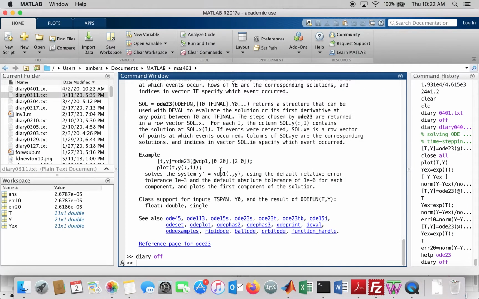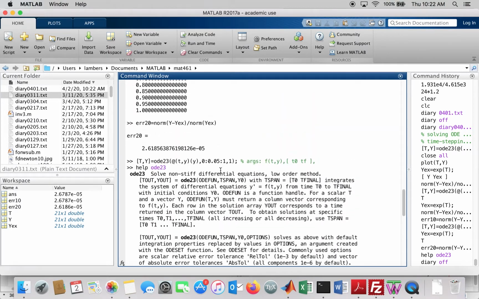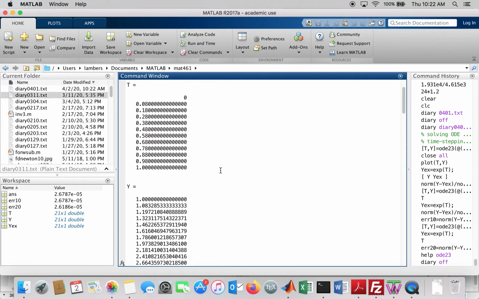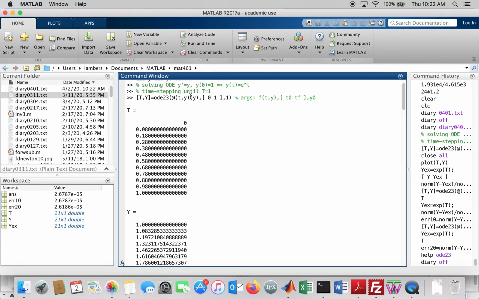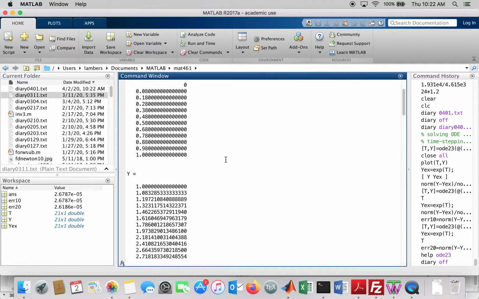I should mention something about systems. Suppose I was solving a system of ODEs, so y has several components. I'd be passing a vector for y0. These ODE solvers will output a column vector of t values, and then each row of capital Y is the value of the solution at time t, which is a vector.